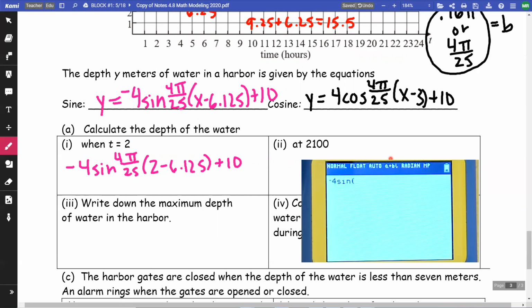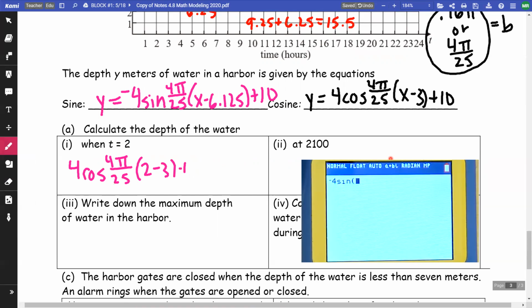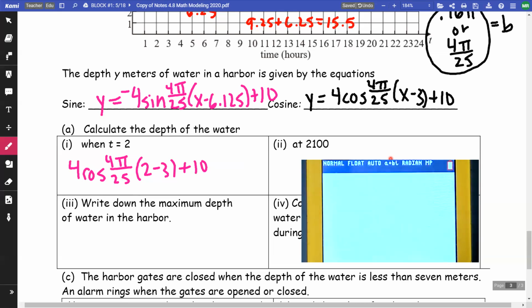I'm going to do it into the cosine because it's less for me to type in. It's a little easier looking equation. So here, let's do 4 cosine 4 pi over 25, and then 2 minus 3 plus 10. That's probably a little easier math to work out.